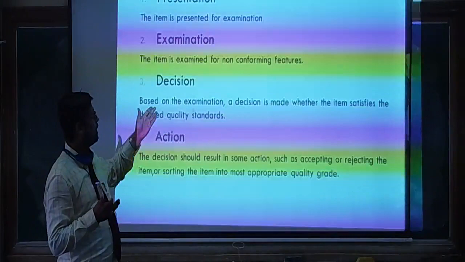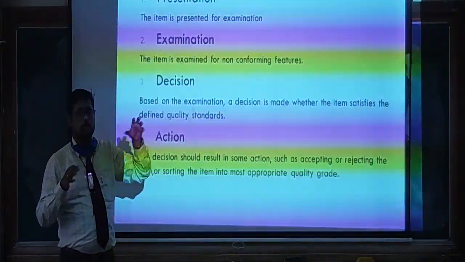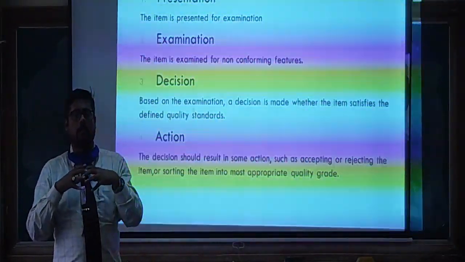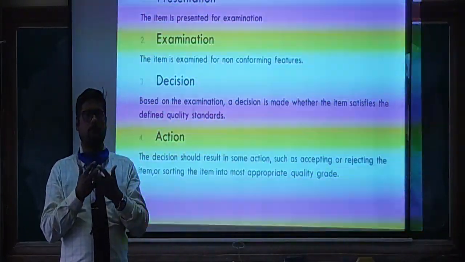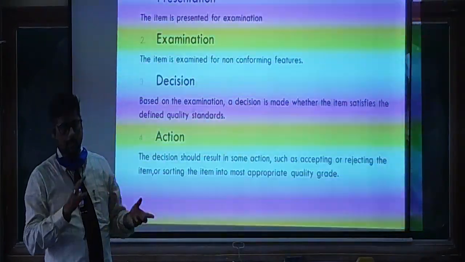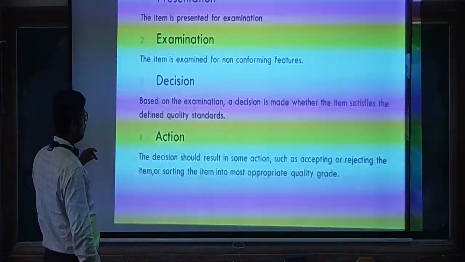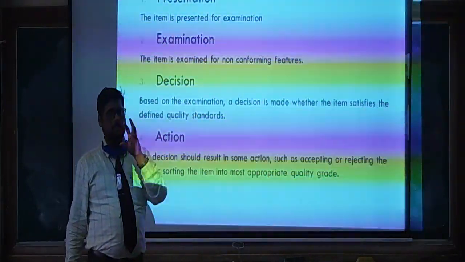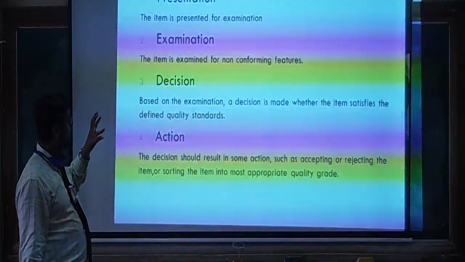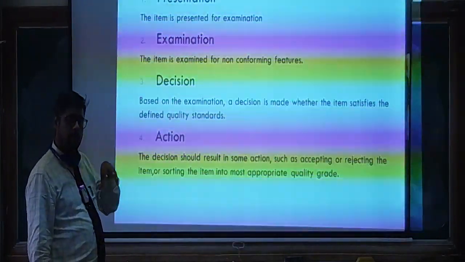So surface roughness is one feature examined for non-conformance. In the drawing they will specify the roughness value of that casting after pouring the metal in the mold. So surface roughness is a feature, and we check it with the help of this examination. That is the procedure, how we are checking.